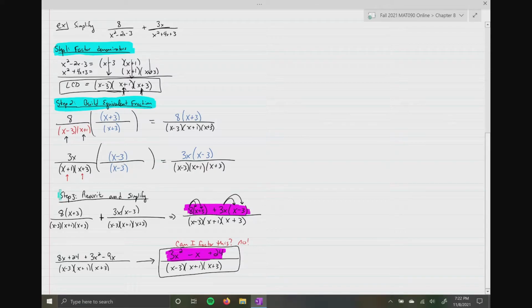Step 3, rewrite and simplify. Every single one of these problems is going to be done the same exact way. I am not going to deviate at all from this method. The only way these problems get more difficult is they become more complex with the factoring. But it's very straightforward.